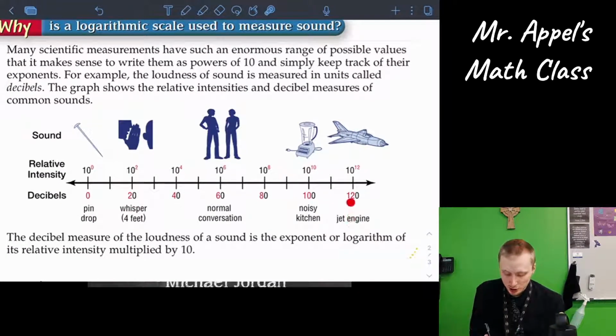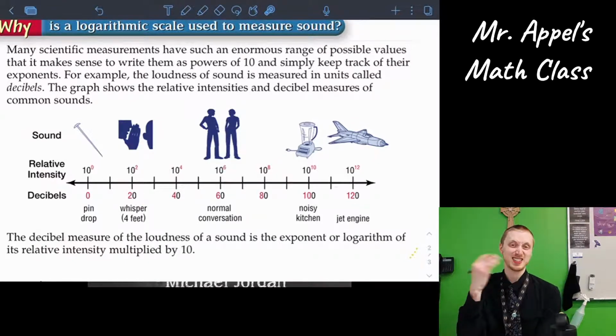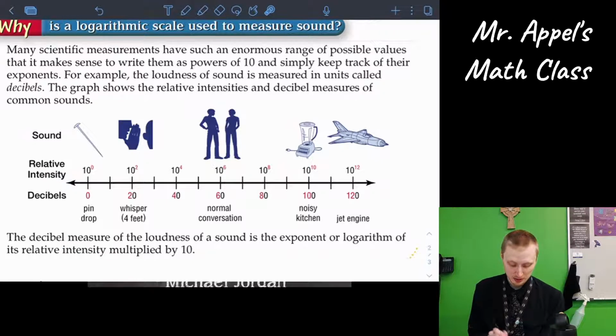The jet engine, 120 decibels, will literally break your eardrums, is not 6 times, right? 20 times 6, 2 times 6, 12, keep the power of 10. It's not 6 times louder. Remember, it's 10 to the 6th louder. It's 1,000,000 times louder. Okay? Understand the difference there.